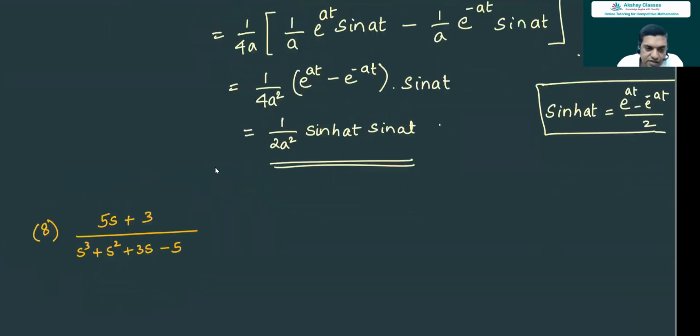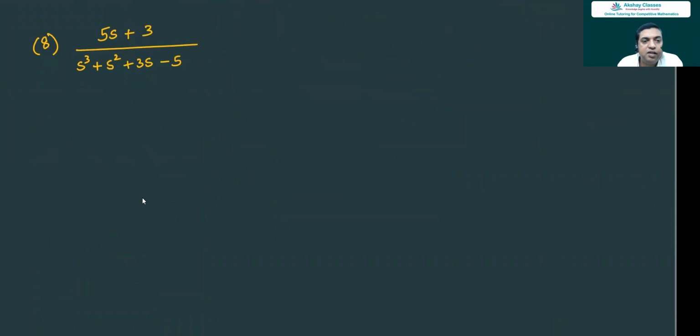Okay, so this is the function. Now how to solve this one? Now the roots are not so easy as 1, 2, 3 like the previous case. We don't know the roots.